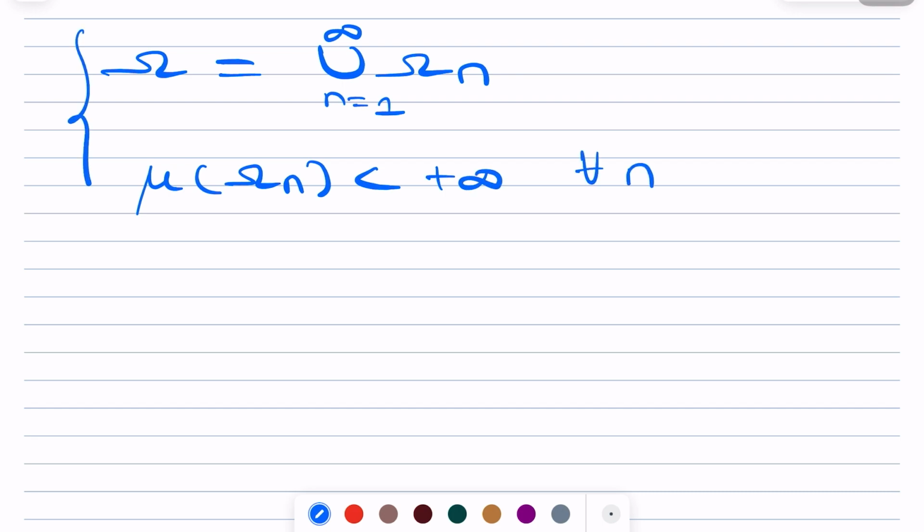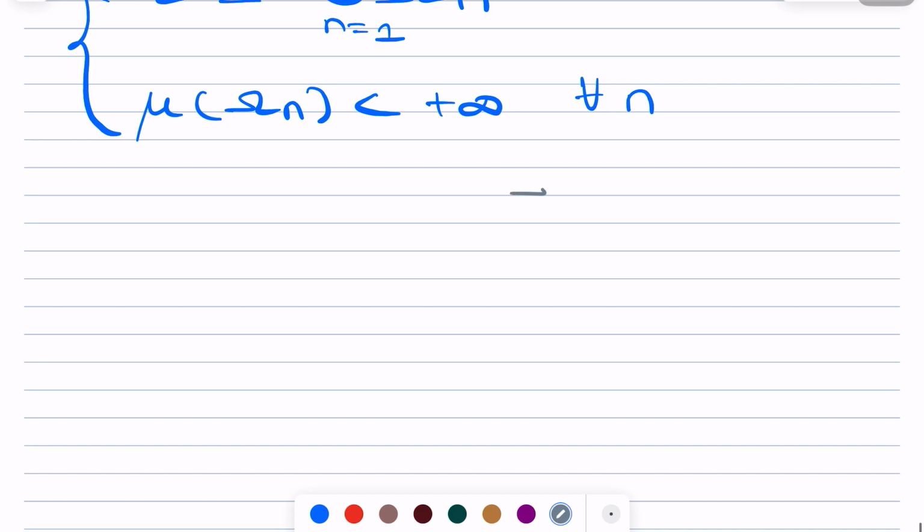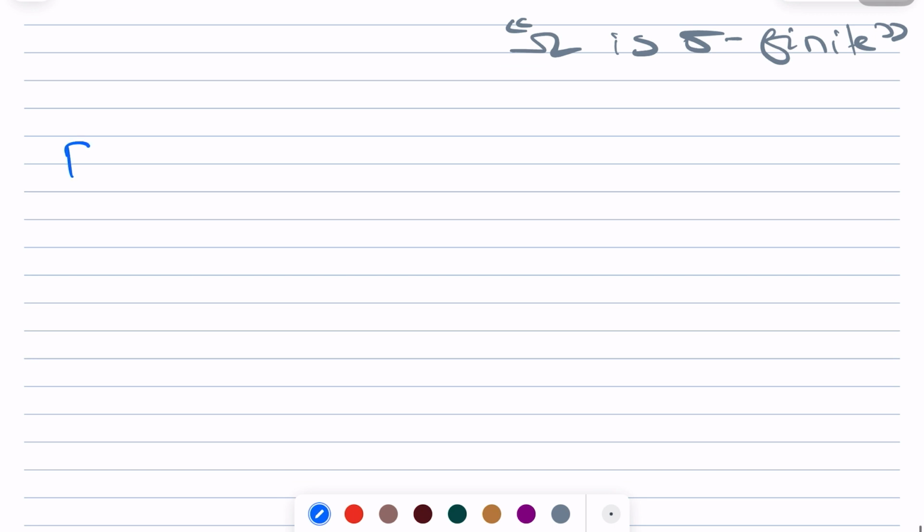This is due to the sigma finiteness of omega, since in the previous video we said that throughout this lecture series we assume that omega is sigma finite. Now put chi n to be chi of the set omega n, the indicator function. So we first prove uniqueness of u. Uniqueness.